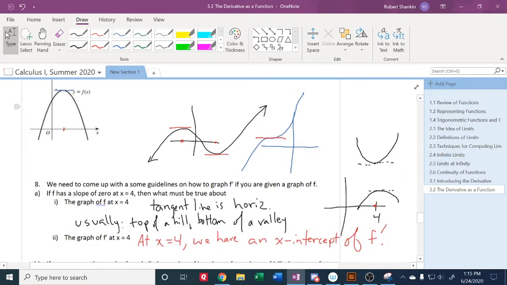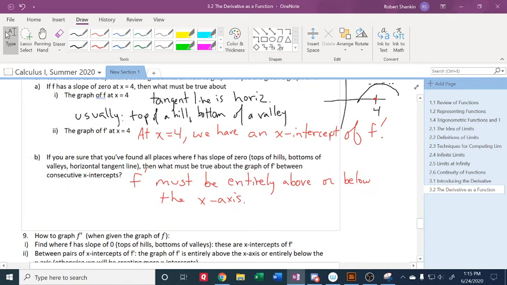But you've already found all the points that had a slope of 0, so you can't have any more places where you have slopes of 0. So the graph must be entirely above or below the x-axis. Otherwise, we create another x-intercept.